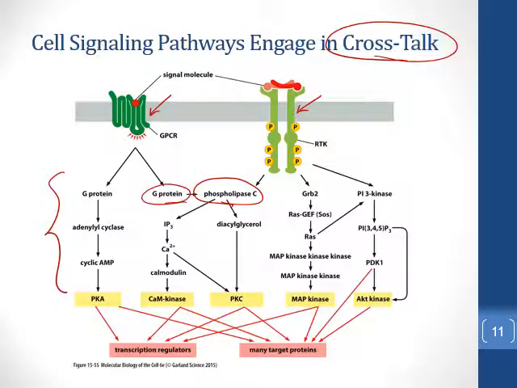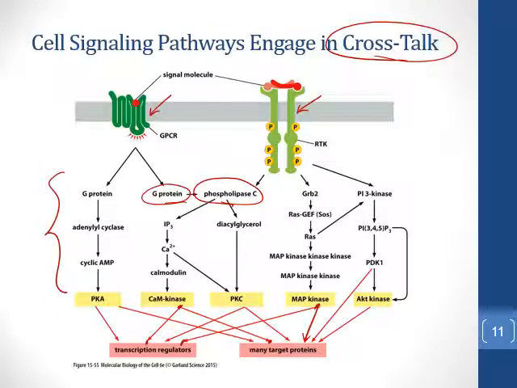And you can see, most importantly, when it comes to crosstalk, is that let's say that this pathway, the receptor tyrosine kinase pathway, activates that MAP kinase. Well, that MAP kinase is going to affect target proteins over here, but it's also going to affect transcription regulators over here. This calcium-dependent kinase right here is going to affect target proteins over here and transcription regulators here.